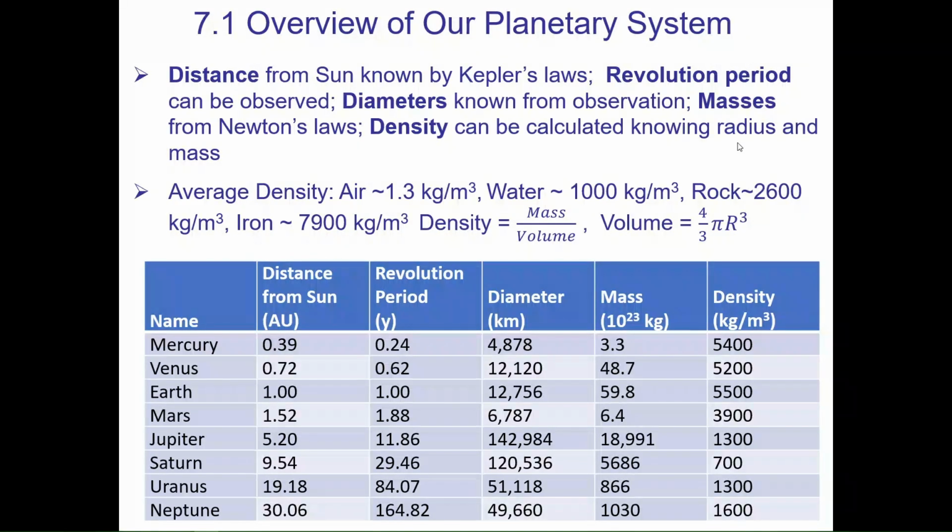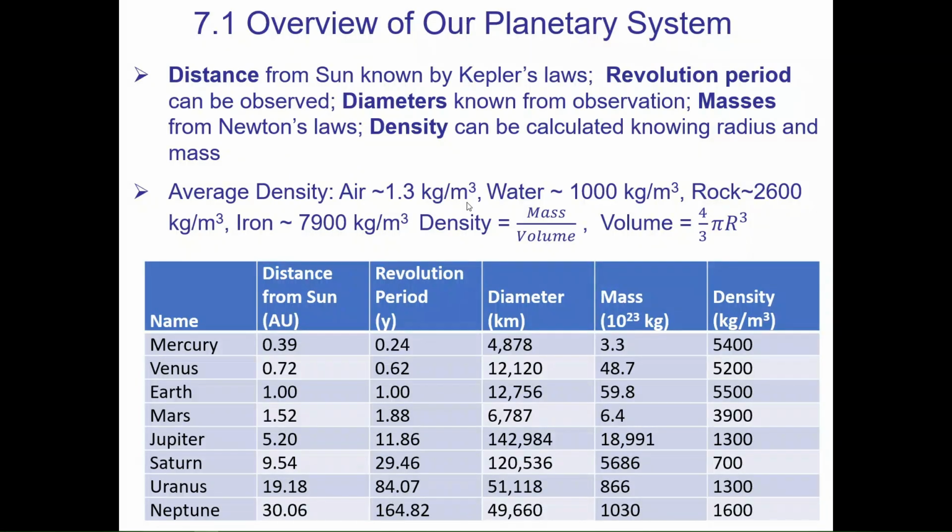So by knowing the radius of the planet, we can calculate the volume. And by knowing the mass and volume, we can calculate the density of the planet. The density value will give us some clue as to what the planet is made from.